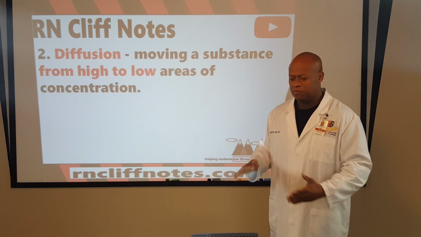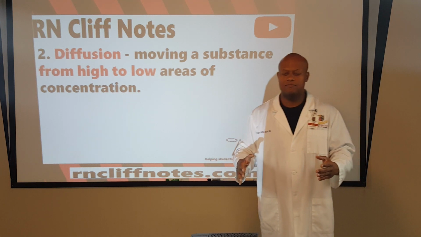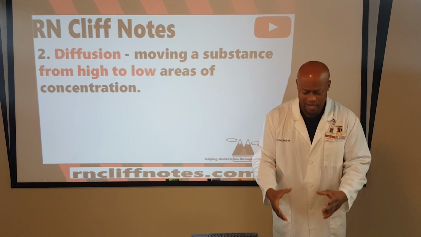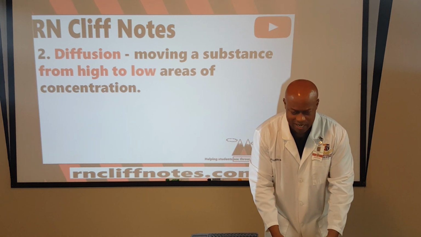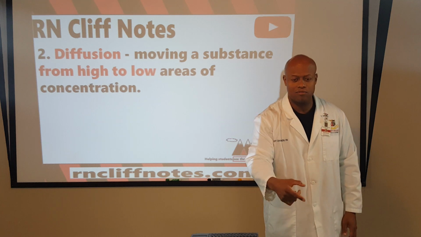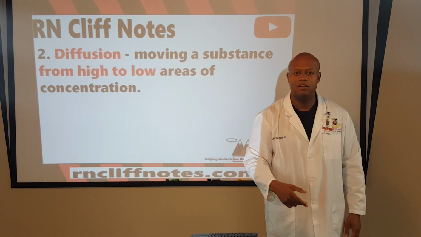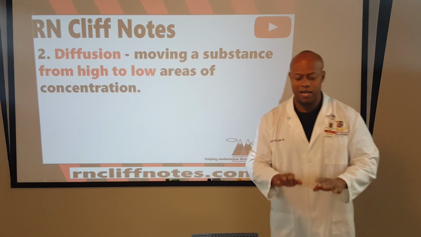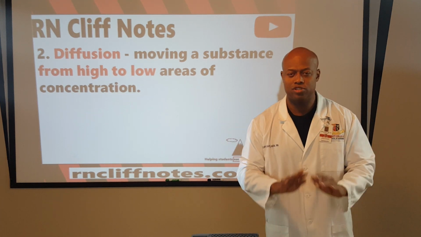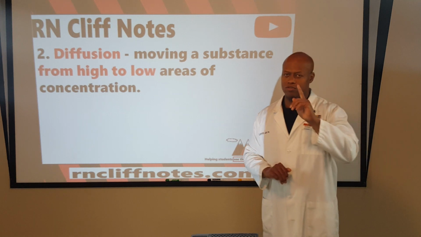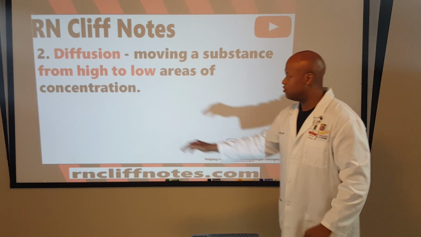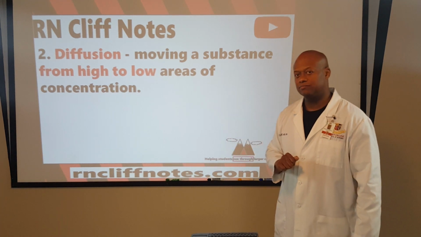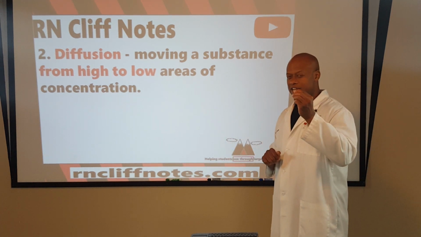Let's put ourselves on top of a hill, and we take a basketball on top of that hill, and we set the basketball down, and it starts to roll down the hill, what? Passively on its own. It doesn't need anybody behind it actively pushing it, right? It rolls on its own. Why? Because it's going from high to low. That can be done passively. So make sure you catch that too.